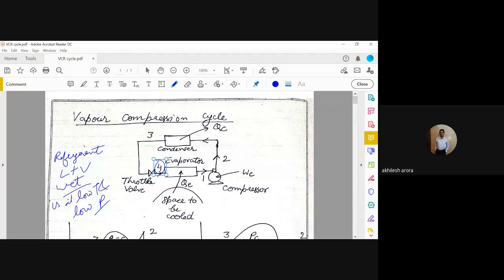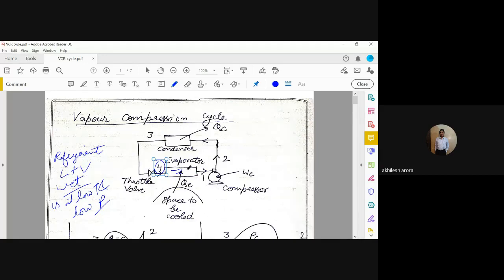As soon as it enters the evaporator, it takes away heat from the space to be cooled. Assume you have a refrigerator in which the evaporator section is at the top, where the refrigerant is flowing in the pipes, and the temperature there is around minus 25 degrees Celsius.